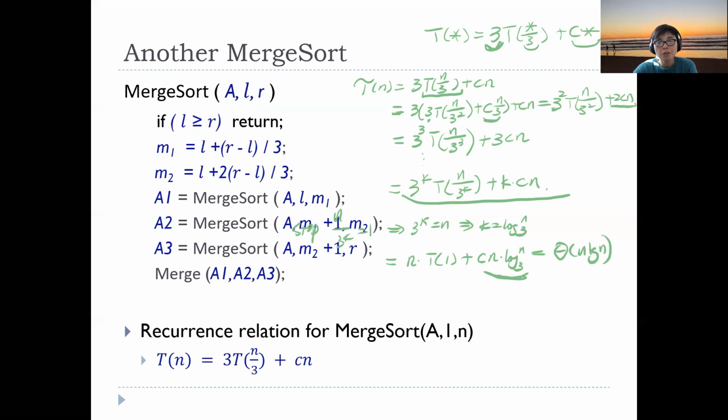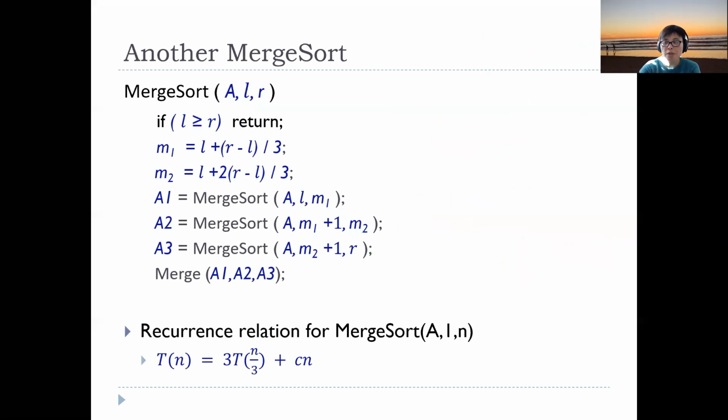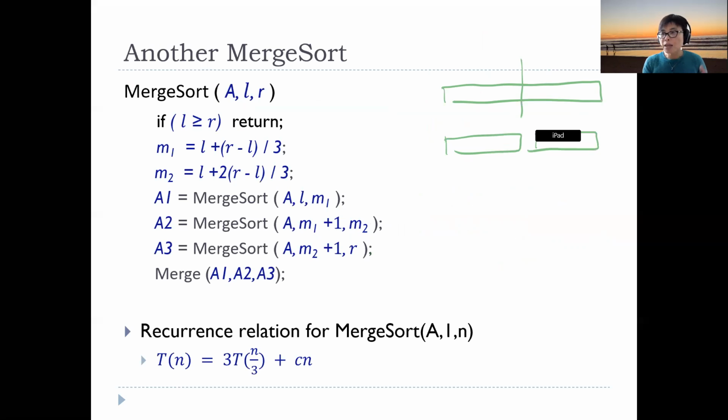I want to say a few more words about why, intuitively, the merge sort, two-way or three-way, doesn't matter. Why does this divide and conquer help? Why are we saving time by cutting into smaller pieces? Before, if you wanted to solve the entire thing, you might have to compare a number here with any number from the other half.